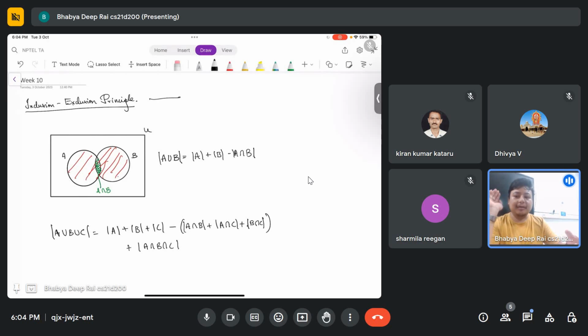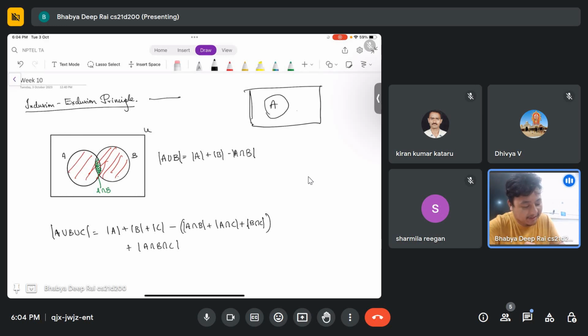Okay, when sets are not necessarily disjoint with each other. For example, as you can see in this diagram, A and B actually overlap with each other. So, if we have two sets A and B, and let's say the size of A is 10 and the size of B is 15.